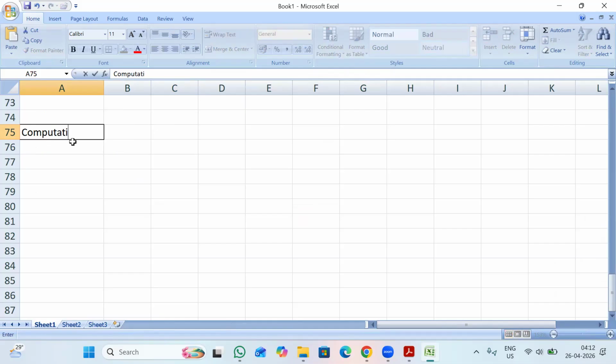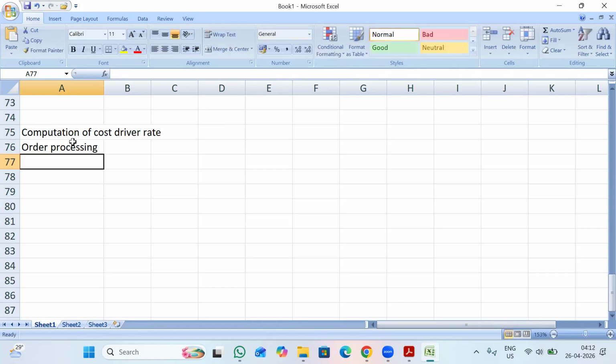So computation of cost driver rate. So here we are having three activities. One is order processing, then machine processing, and then product inspection.